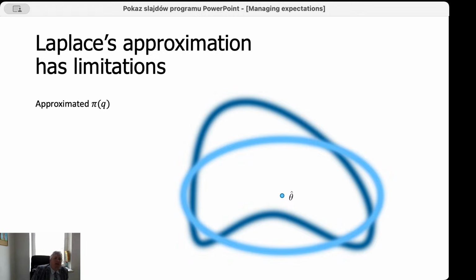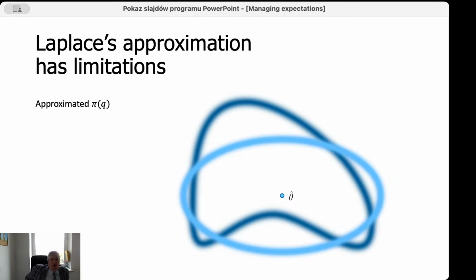However, Laplace approximation still has limitations. All the distributions that are created with this approximation will result in some kind of normal-like distribution. So its level sets will be ellipsoids around the mode.